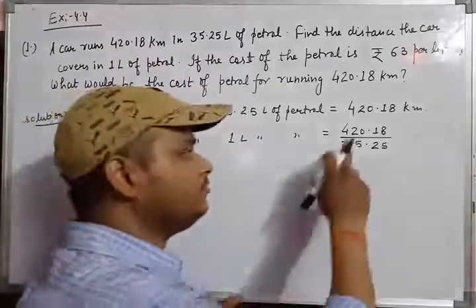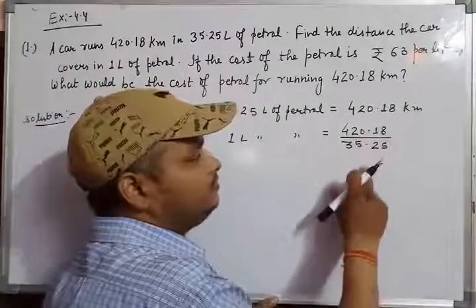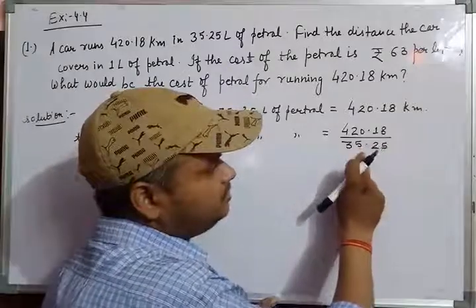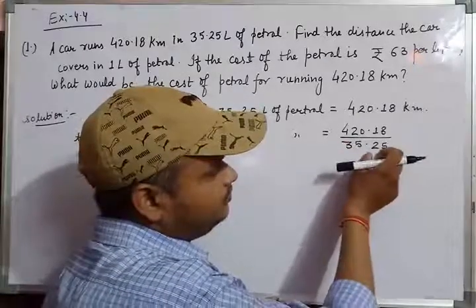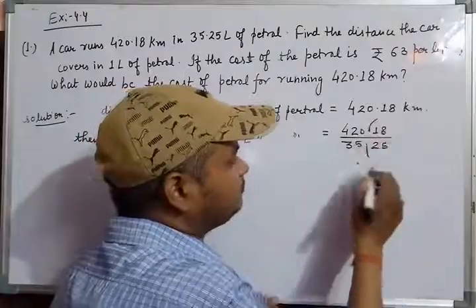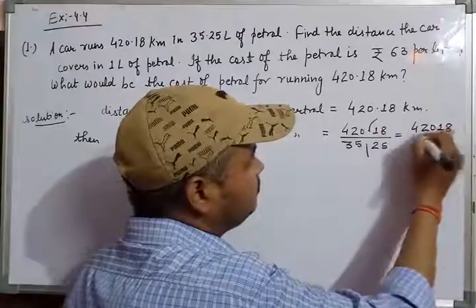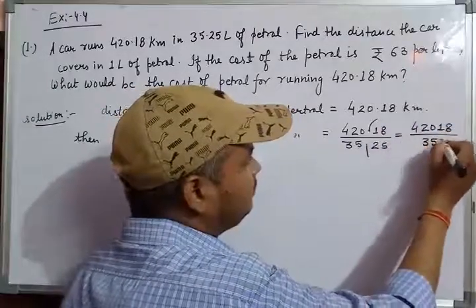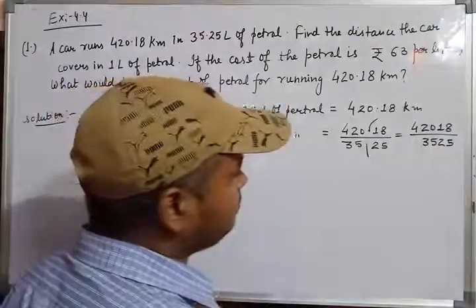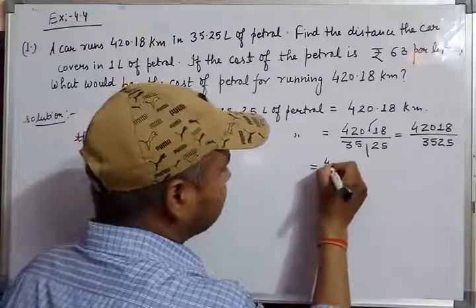First of all you have to remove both decimals, and in this problem both have the same number of digits after the decimal point, so we can easily remove the decimals. Then we can write 42018 upon 3525. So you have to divide, or simplify this.